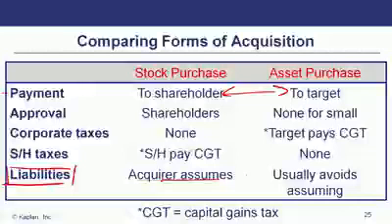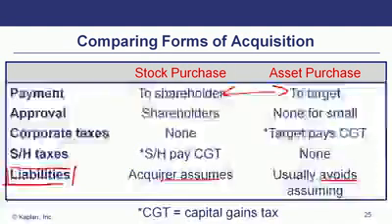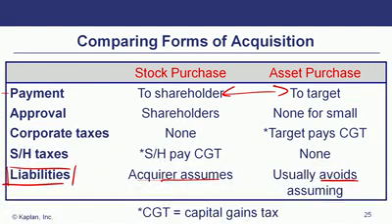Just because you acquire assets doesn't necessarily mean you're going to get out of this, but what about environmental remediation issues and product liability issues and those types of things? Well, if you're doing an asset purchase, you might be able to avoid some of that. There's lots of money at stake, and you never know what the courts are going to do. But the idea is, with an asset purchase, you can avoid assuming liabilities.